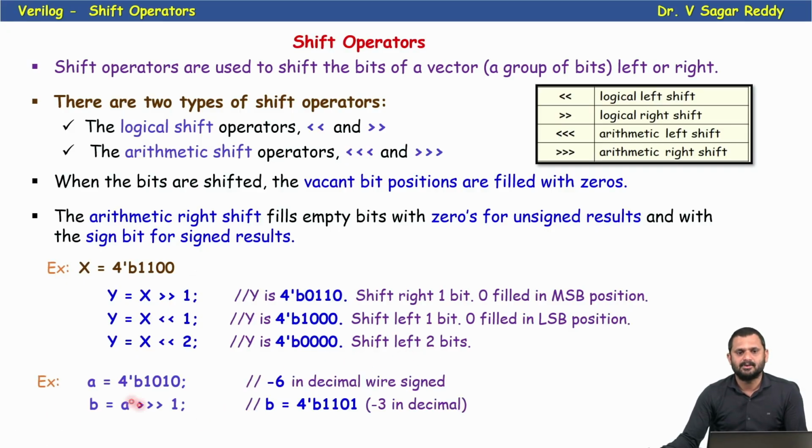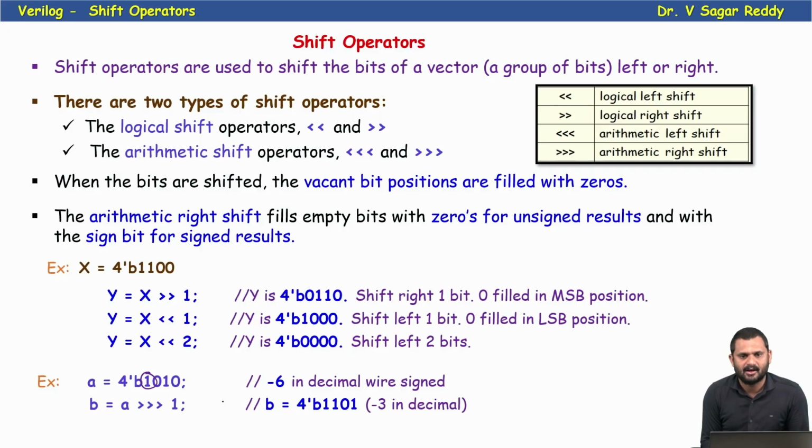Now see this example: a equal to 4'b1010. Assume that it is a signed number. The 2's complement representation of this is minus 6. Now b equal to a >>> 1. That means this is an arithmetic right shift. What is the MSB bit here? The MSB bit is 1.